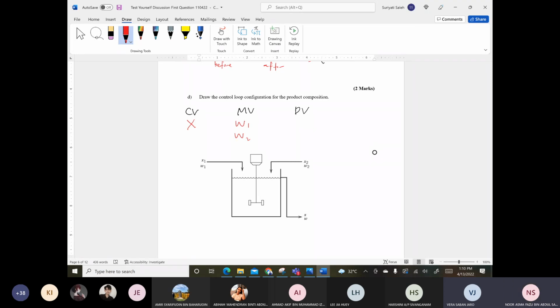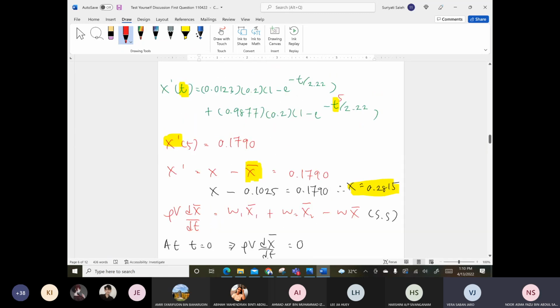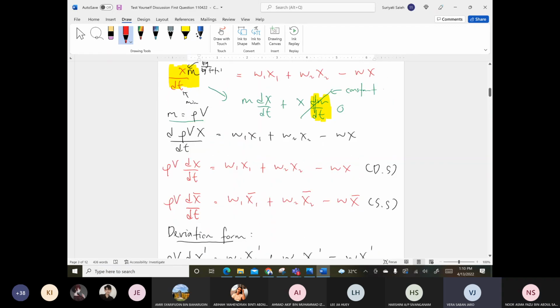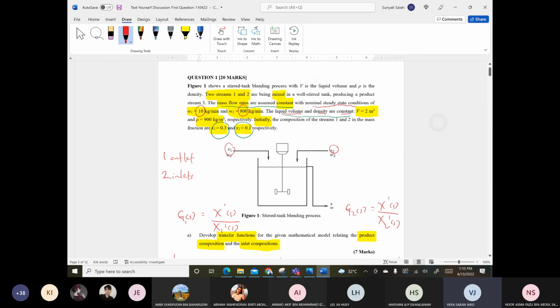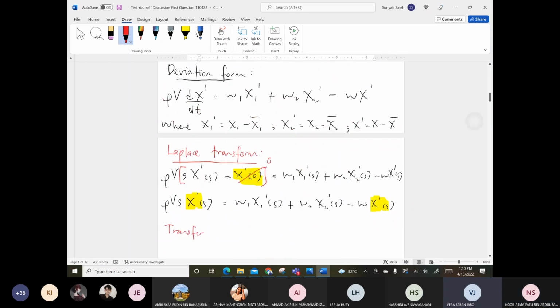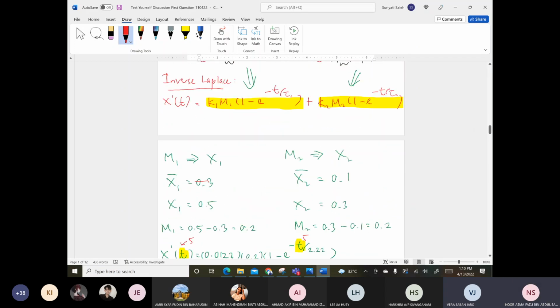Based on the given information, W1 is equal to 10 and W2 is equal to 800.